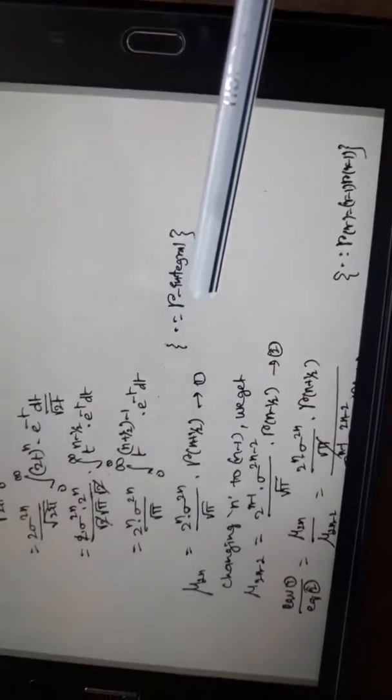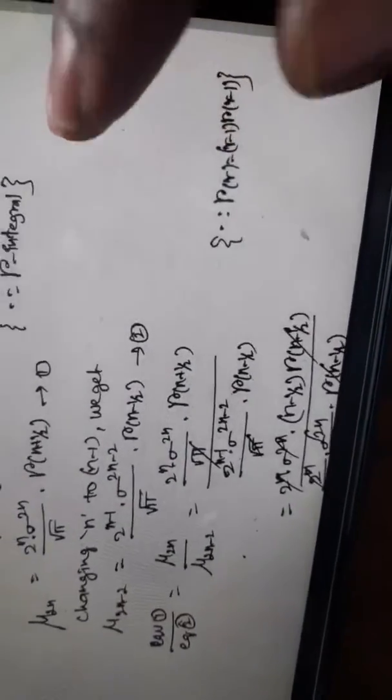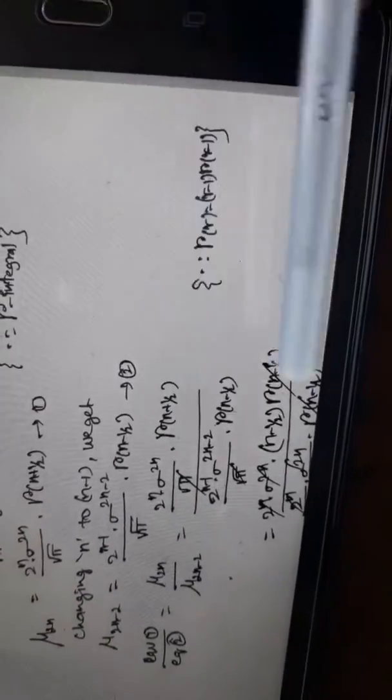Then we consider this equation 1. Do the same thing, considering n minus 1 instead of n. Once we consider n minus 1, the LHS is mu 2n minus 2 equal to 2 power n minus 1 sigma power 2n minus 2 by root pi gamma of n minus 1 by 2. Now divide these two equations and simplify.